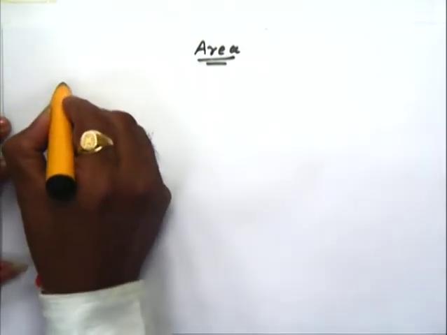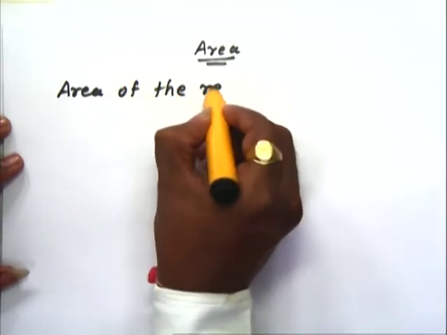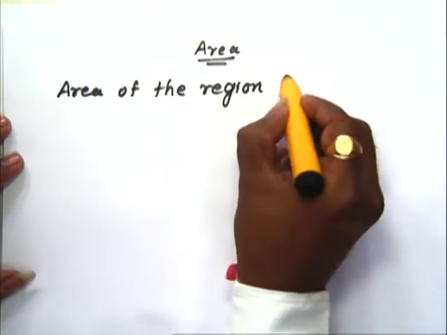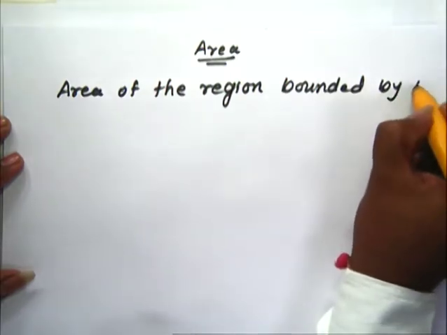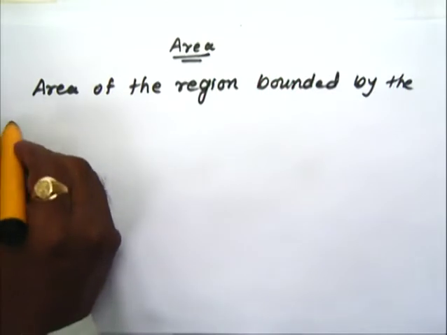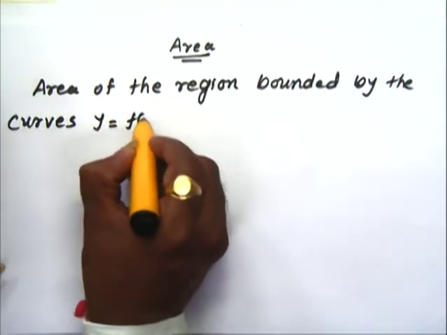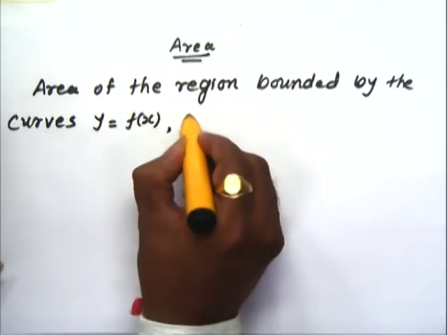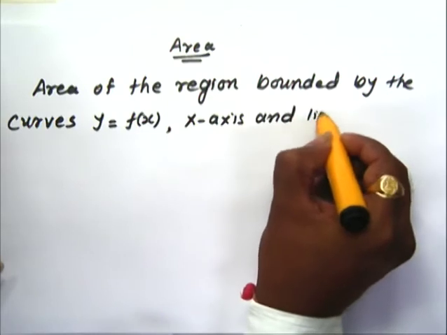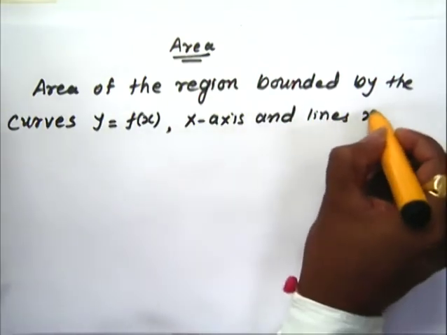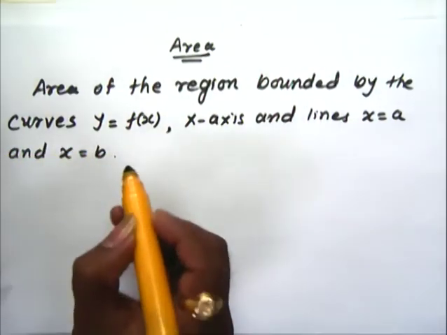Area of the region bounded by the curves y equal to f(x), x-axis, and lines x equal to a and x equal to b.